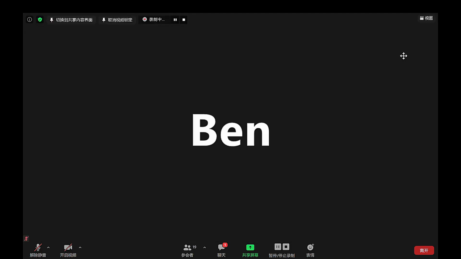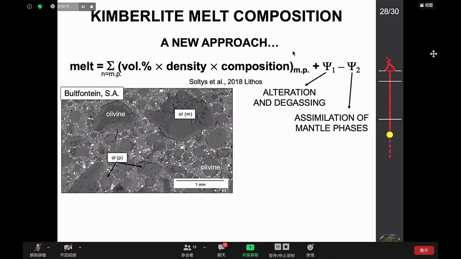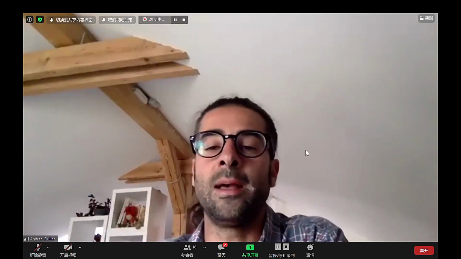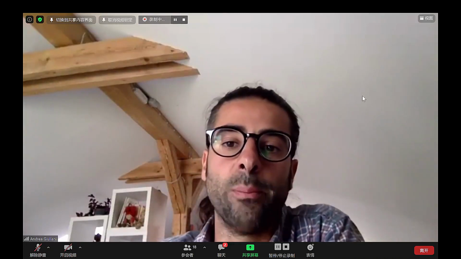The first component is just our modal reconstruction, so it's the volume percent of magmatic phases. This MP here means magmatic phases. In other words, we are not considering all the olivine xenocrysts that you can see in these pictures. Then we multiply our estimates from the modal analysis by the density and the composition measured by electron microprobe, and to this we add a component.